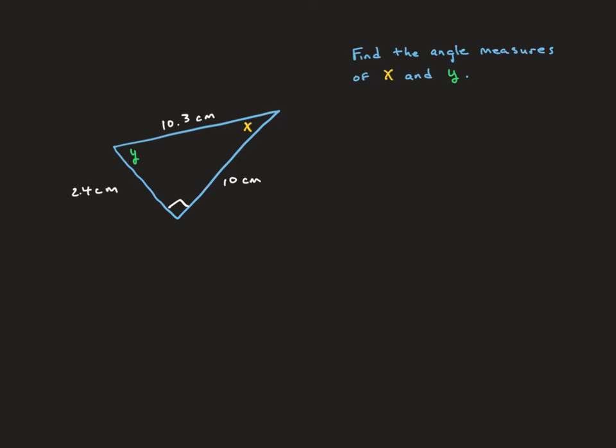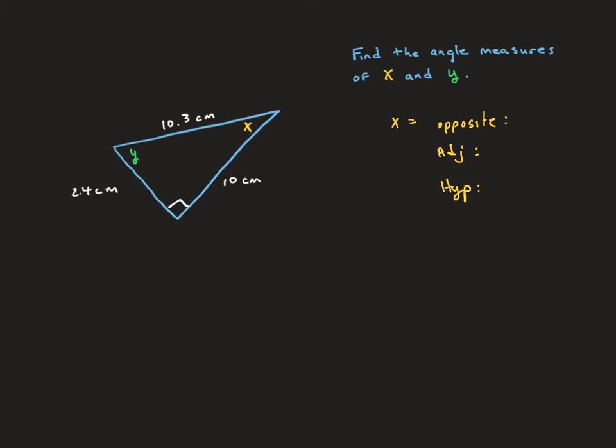Now, find the angle measures of x and y. This is going to be the same thing, and you can pick any of these, but I'm going to worry about x first. I'm going to look for the opposite. Hopefully you can label all these: the opposite, the adjacent, and then the hypotenuse.